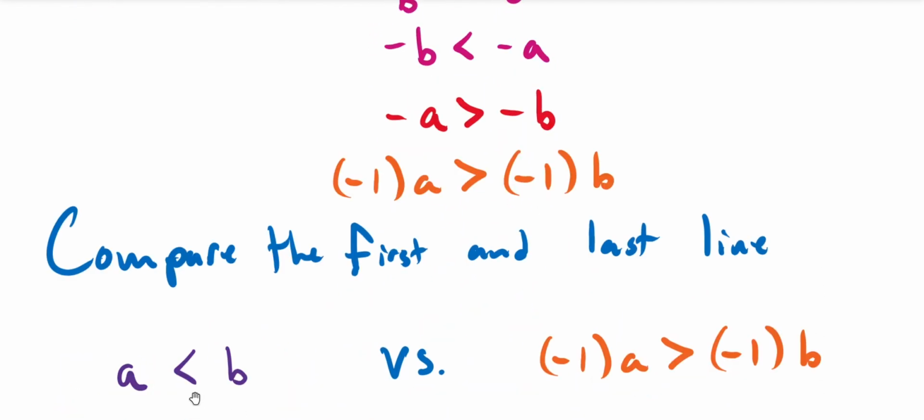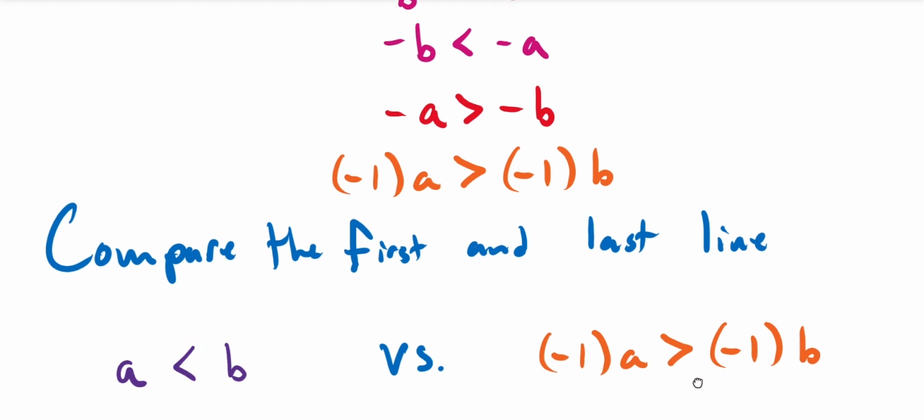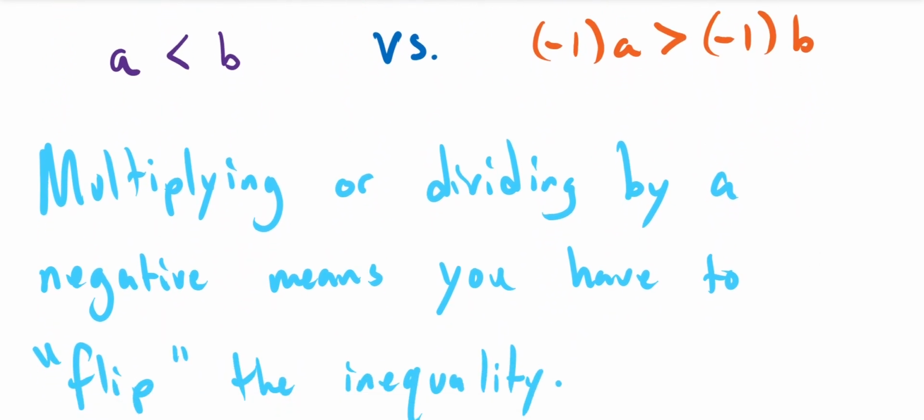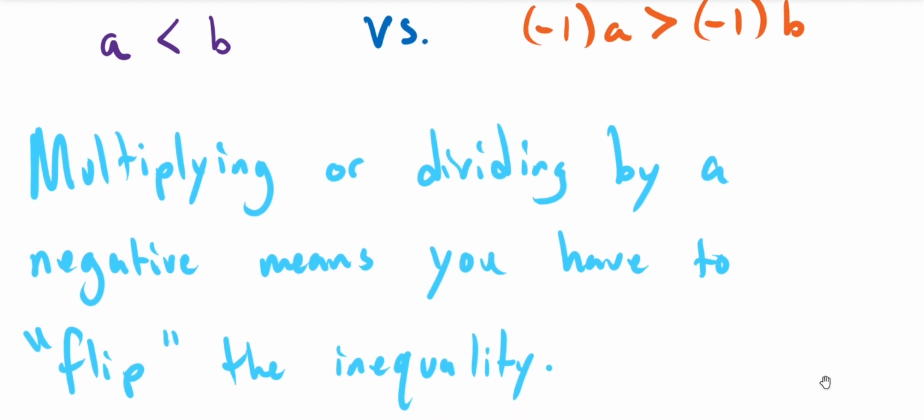Compare A less than B with negative 1 times A is greater than negative 1 times B. And you see we've done the same thing on both sides here, times by negative 1, but something's changed. We've flipped the direction of the inequality. And this gives us a nice rule. If we multiply or divide by a negative, it means you have to flip the inequality.